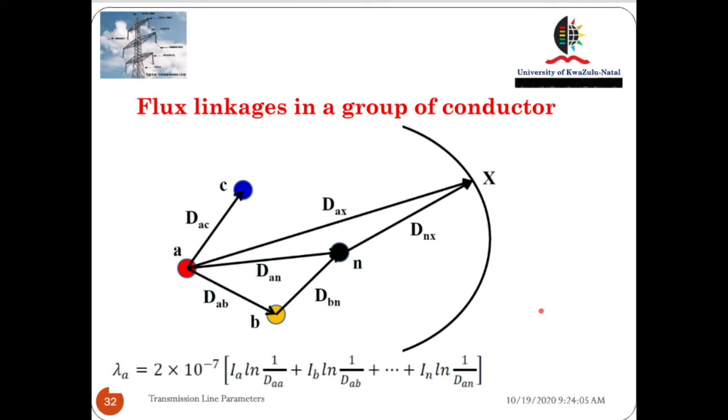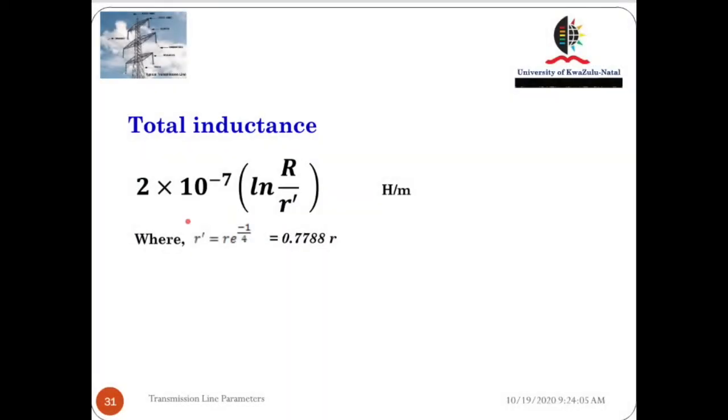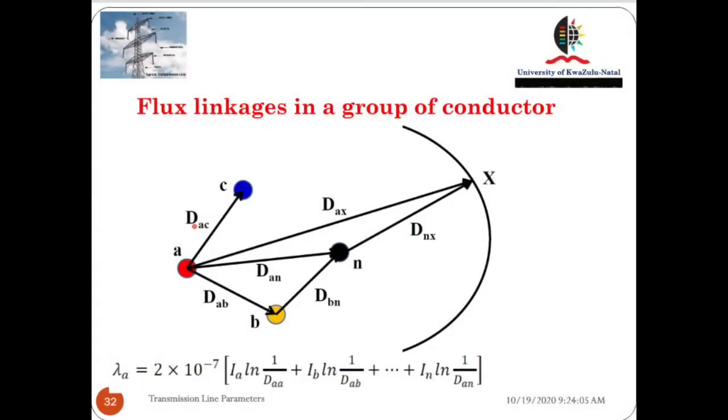Now I'm coming to the next one. It's a generalized theory that came from mathematics when we want to find out the flux linkages in a group of conductors. Now we have considered one conductor, and we got the total inductance was 2 times 10 to the power minus 7 log R by r prime, and we will use that here.